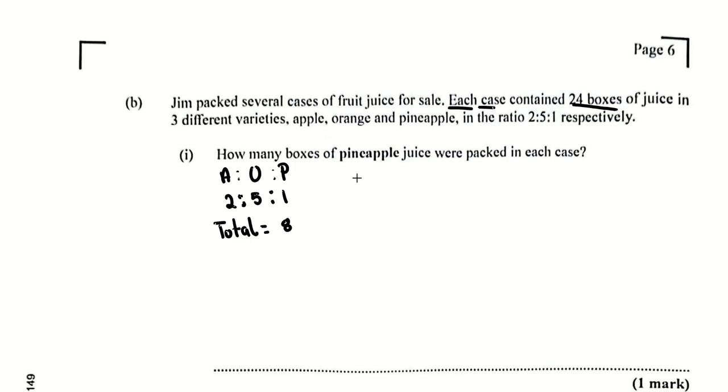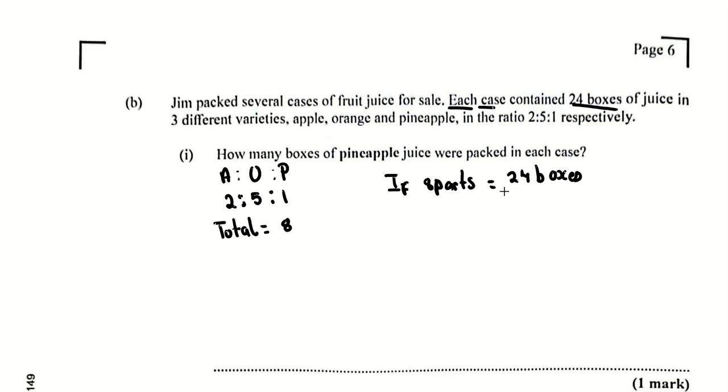Parts. Now we know that 8 parts is equal to 24 boxes, right? That is what we know so far. How many boxes of pineapple juice were packed in each case? So pineapple is how many parts? 1 part, right?